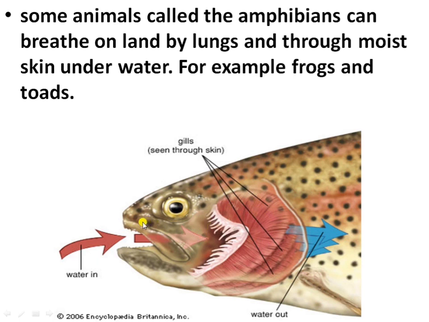When water passes over the gills, the dissolved oxygen from the water diffuses into the blood, and then the carbon dioxide from the blood diffuses out into the water. First, water enters the mouth, then it goes into the gills, and gills help in the exchange of gases.